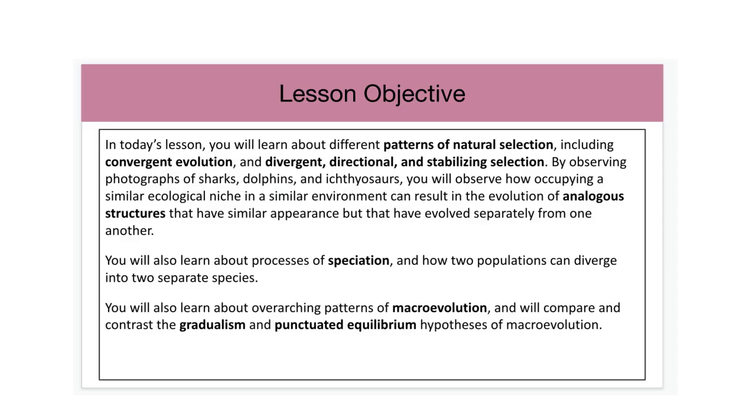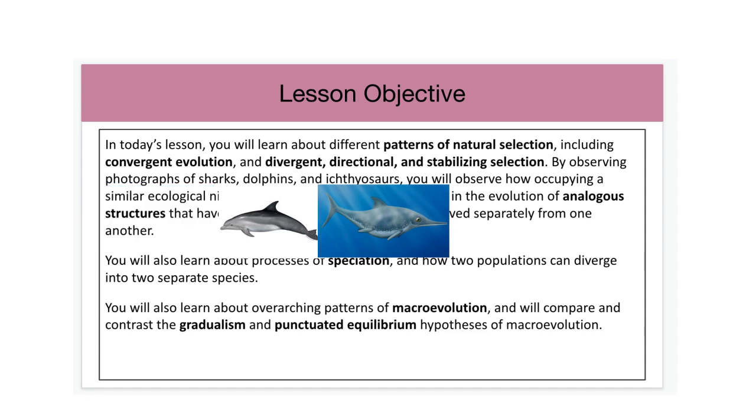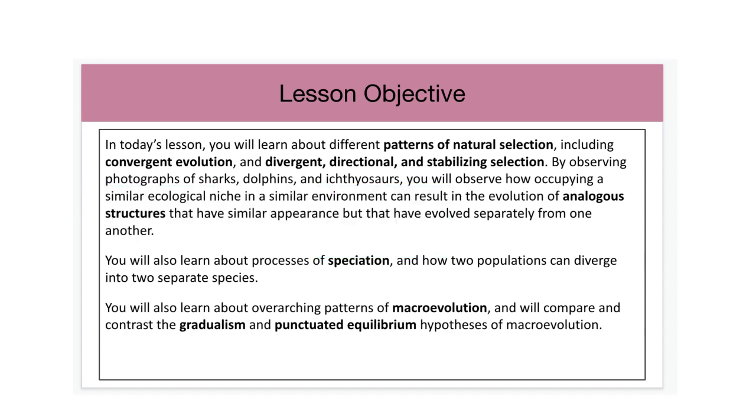In today's lesson, you will learn about different patterns of natural selection, including convergent evolution and divergent, directional, and stabilizing selection. By observing photographs of sharks, dolphins, and ichthyosaurs, you will observe how occupying a similar ecological niche in a similar environment can result in the evolution of analogous structures that have similar appearance but that have evolved separately from one another.